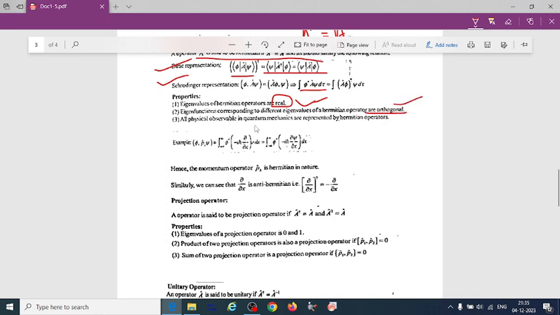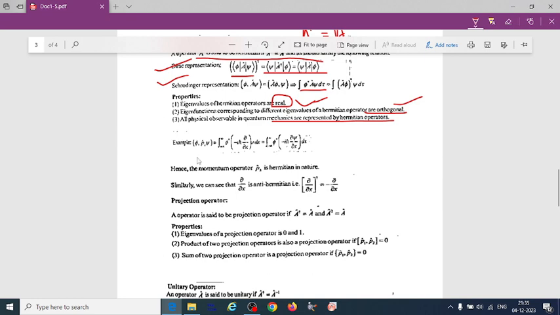Then all physical observables in quantum mechanics are represented by Hermitian operators. These three properties you should remember. First one, eigenvalues of Hermitian operator are real. Eigenfunctions corresponding to different eigenvalues of Hermitian operator are orthogonal. All physical observables in quantum mechanics are represented by Hermitian operators.